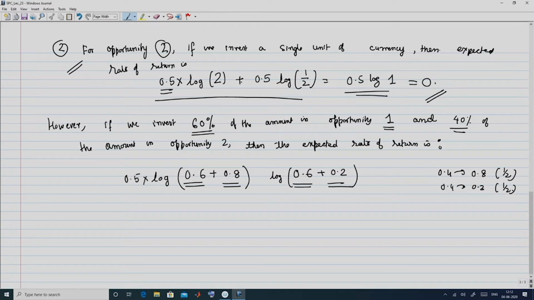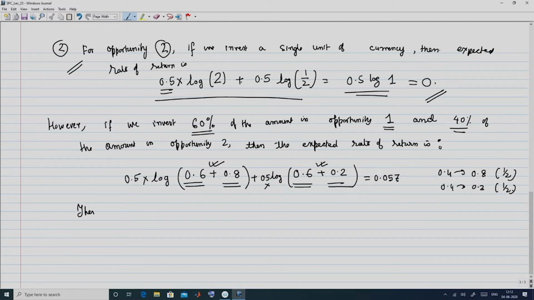So, each return can happen with a probability of half. So, I multiply this with 0.5, and this can also happen with probability half, so I multiply this with 0.5 and add them up, and this turns out to be equal to 0.057.